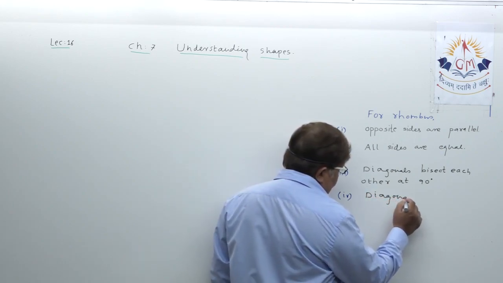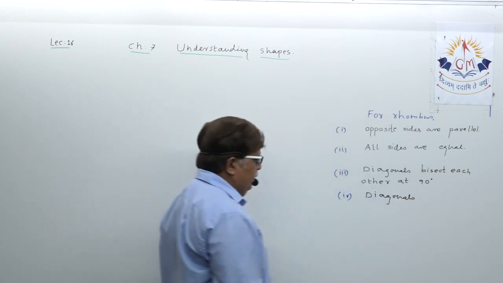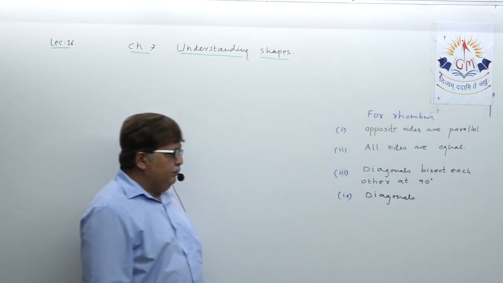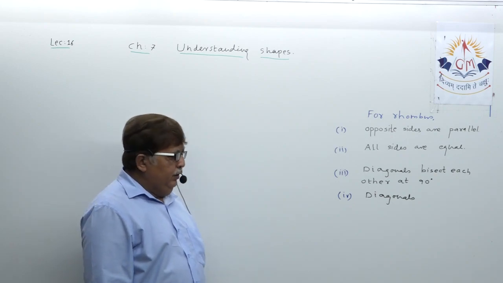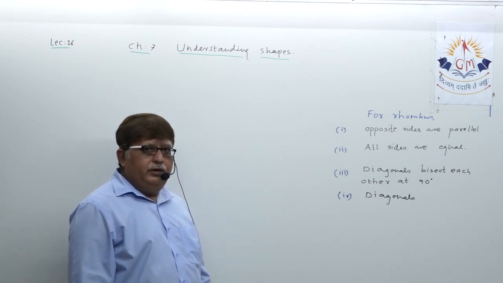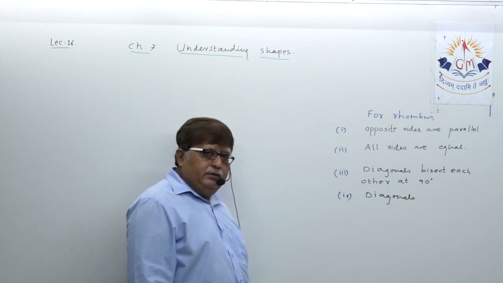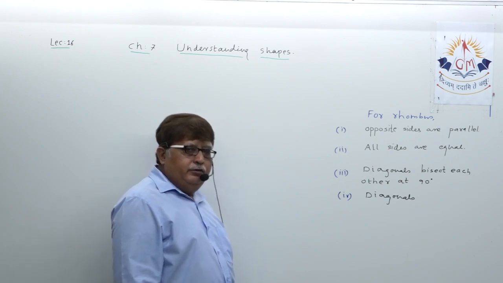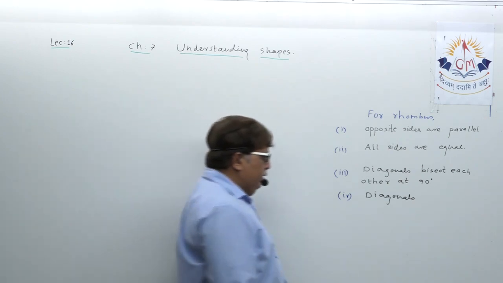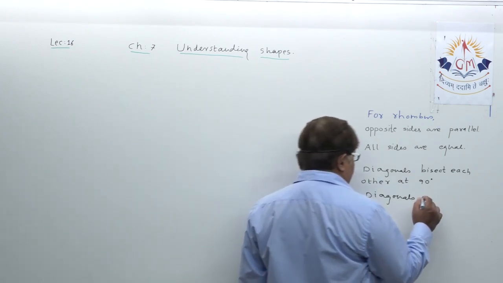And the last property to list out for rhombus, this is diagonals. This is a very important property which today we are going to utilize in solving some of the examples which involve finding angles in rhombus. Okay, what is the fourth property?